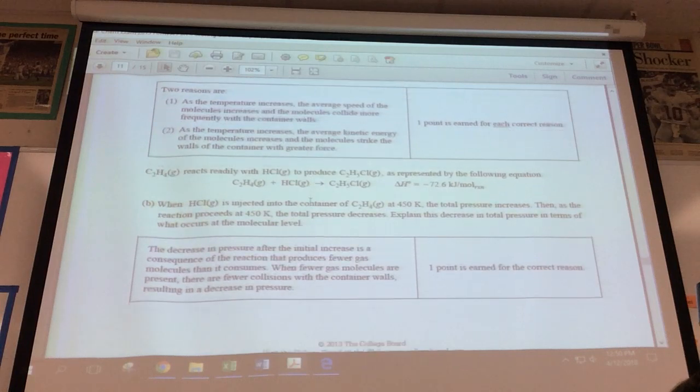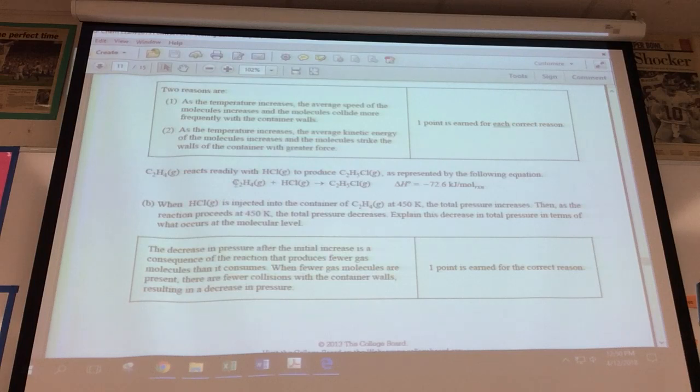In the other question, you can see 2 moles of gaseous reactant to 1 mole of gaseous product. When HCl is injected into the container that contains ethene, the total pressure increases. Then as the reaction proceeds in the forward direction, the pressure is going to decrease. Explain this decrease in total pressure in terms of what occurs at the molecular level.